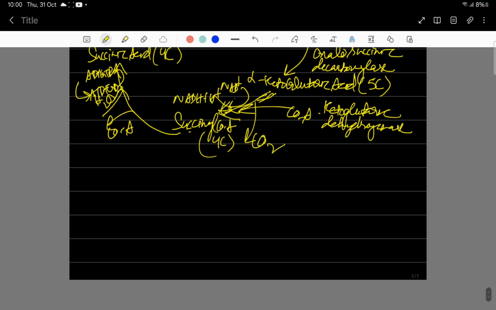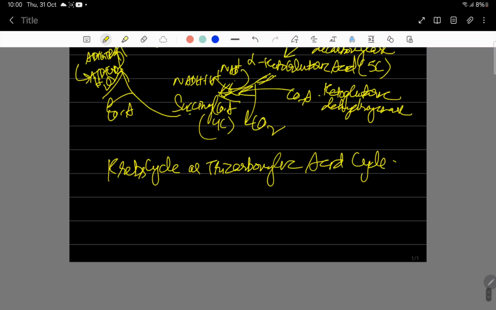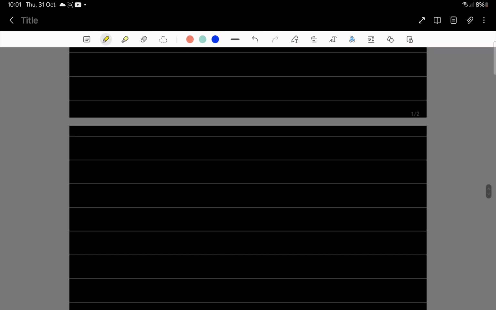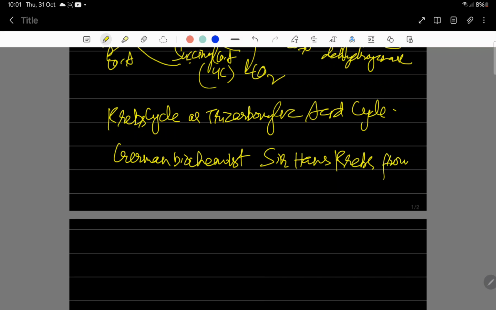So Krebs cycle, or tricarboxylic acid cycle, has been named after the German biochemist Sir Hans Krebs from England, who discovered it in 1937.